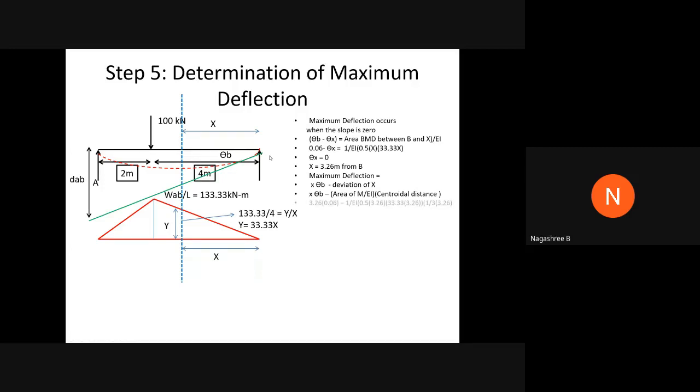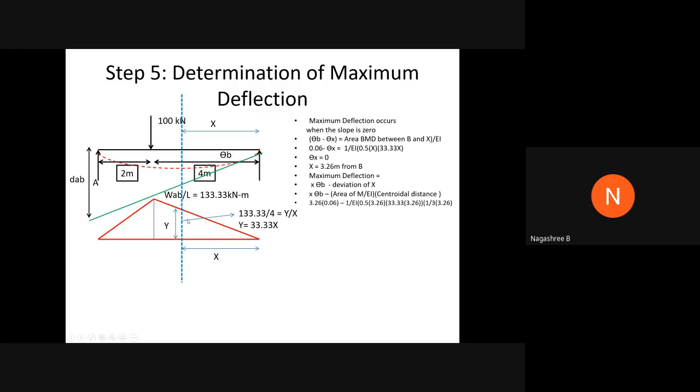After substituting, with x as 3.26, we have 3.26 times theta b, which we determined as 0.06, minus the area of the M by EI diagram of the triangle of span x meters. That is half into x, 3.26, into y, which is 33.33 times x, so 33.33 times 3.26. Then we multiply that with the centroidal distance.